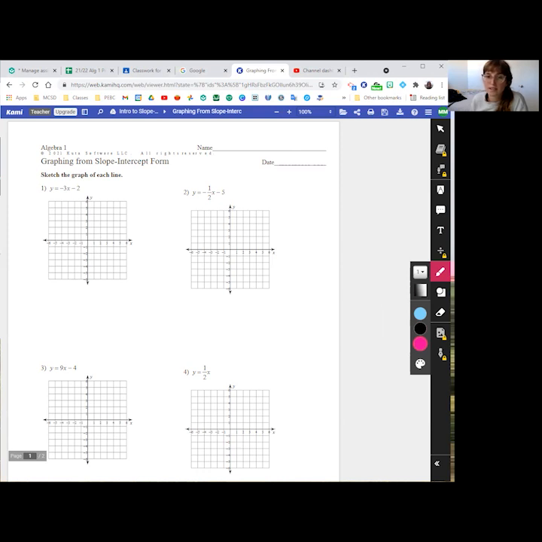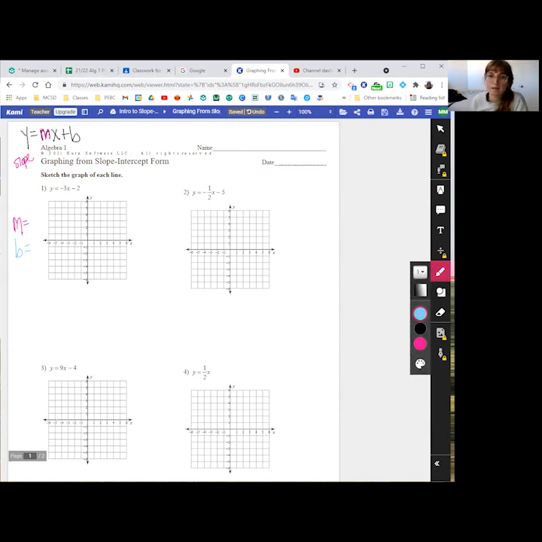So let's first identify our slope and our y-intercept. Let's remind ourselves of slope-intercept form. We have y equals mx plus b. And remember, m, the coefficient of x, is always our slope.